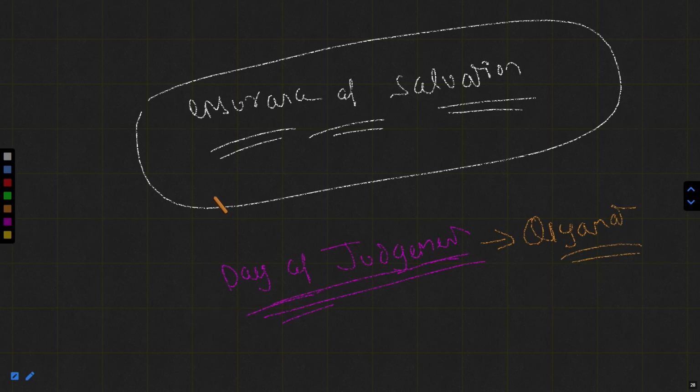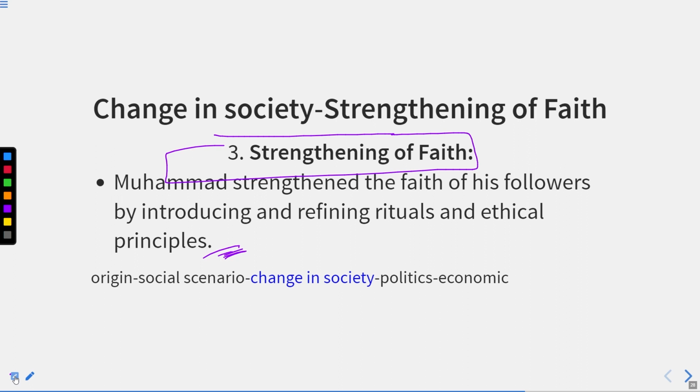Every religion promises that if you follow its principles in an appropriate manner, then on the day of judgment, the Qiyamah, you will be exempted and God will give you heaven, or whatever you want to call it. The same thing was also promised by Prophet Muhammad to the people of the Ummah, the Muslims, that if you follow Islam in a proper manner, you will get salvation till the end of the Qiyamah. So it is basically to strengthen the faith, or to give people a reason why they should follow Islam.